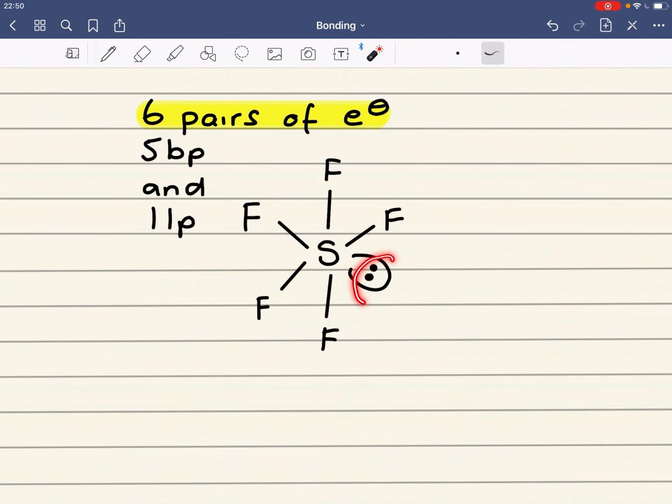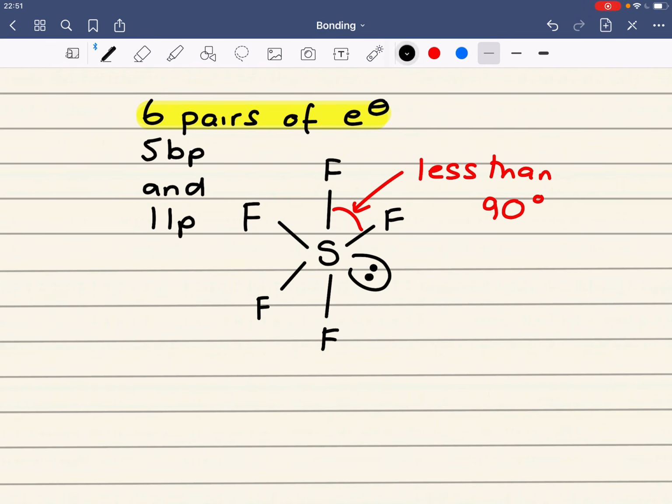But again, because we've got this lone pair in there, it's going to reduce the bond angles a little bit because lone pair bonding pair repulsion is greater than bonding pair, and this therefore is going to be less than 90 degrees. And again, a sensible answer, 87.5, 88 will be absolutely fine for this.